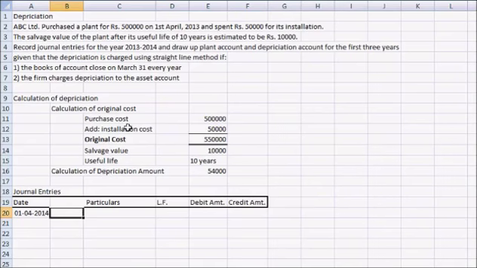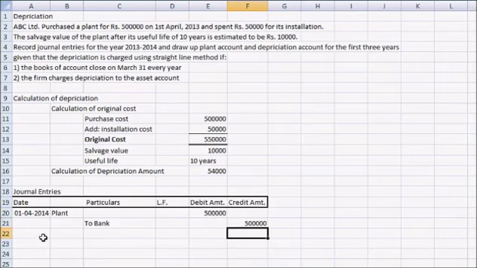As the plant account has increased, we'll have plant on the debit side, and payment has been done through the bank, we suppose that. So it's plant to bank account, and the amount would be 5 lakhs.